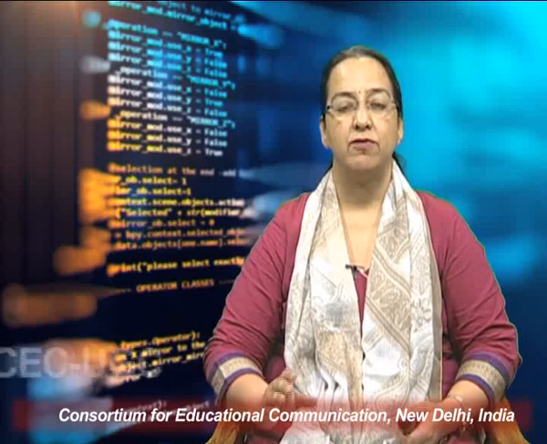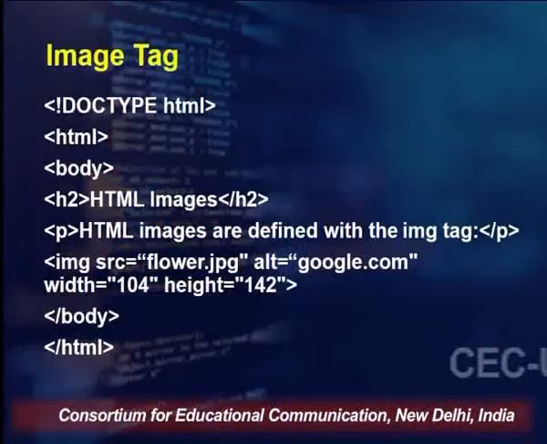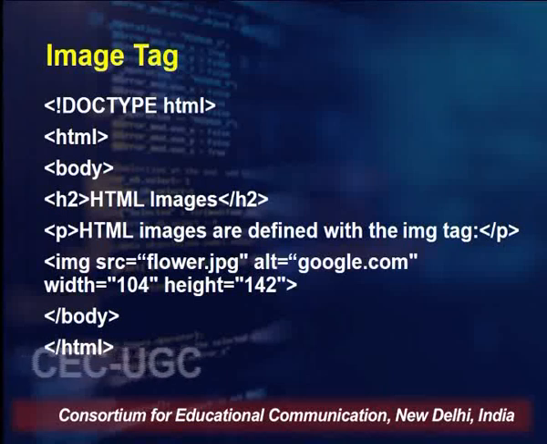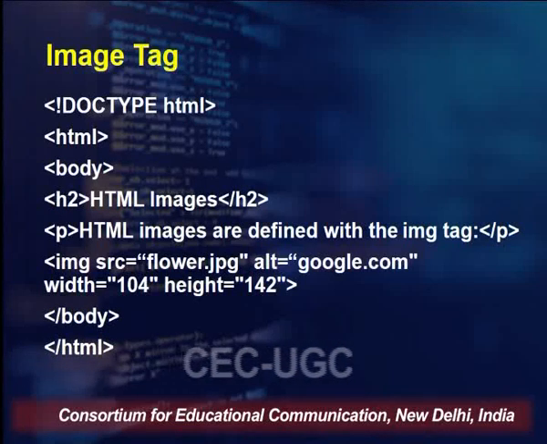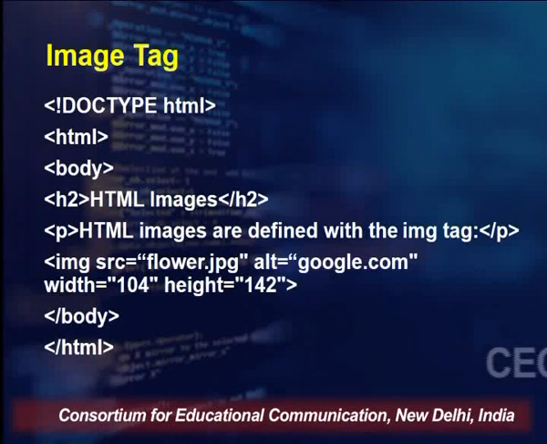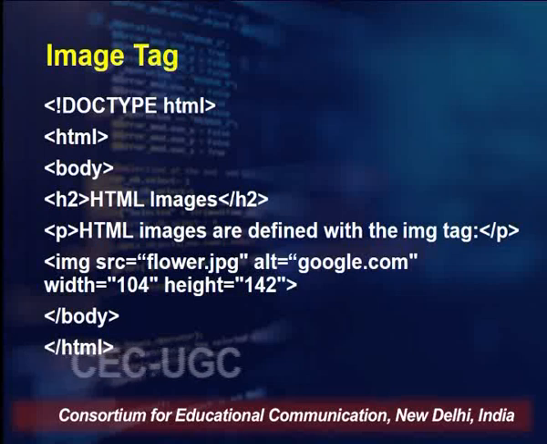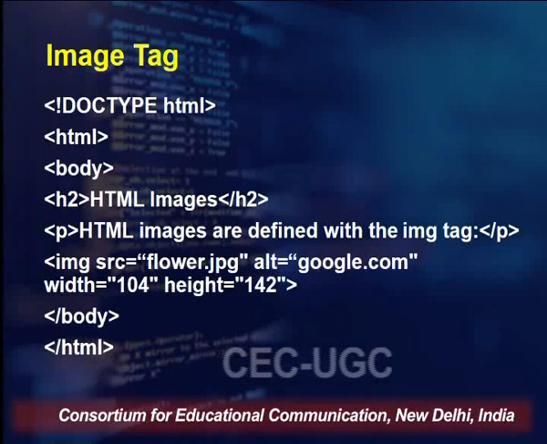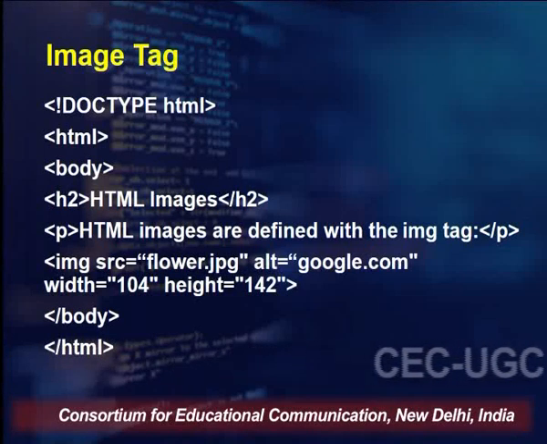Then apart from the source location, we have alt. Width and height are simple, in pixels. Alt is the text which is displayed alternatively, in case your system is unable to find the source image file. And here this is closed by /body and /html.